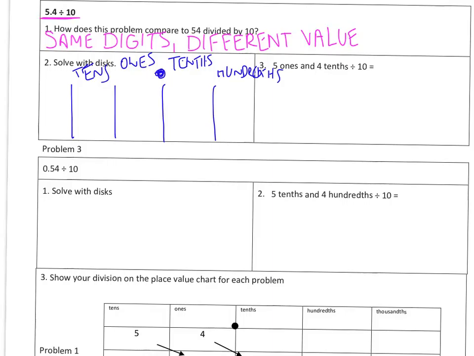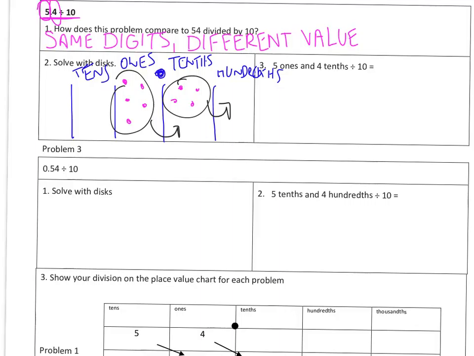So let's see, how many ones do I have? 1, 2, 3, 4, 5. Yep, I've got 5 ones. How many tenths do I have? Oh, looks like I've got 4 because it's 5 and 4 tenths. So 1, 2, 3, 4. Then if we're dividing by 10, everything shifts over.